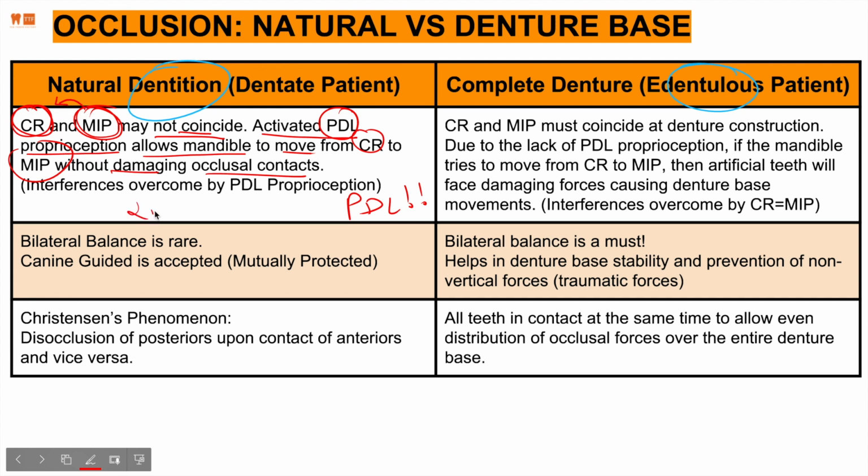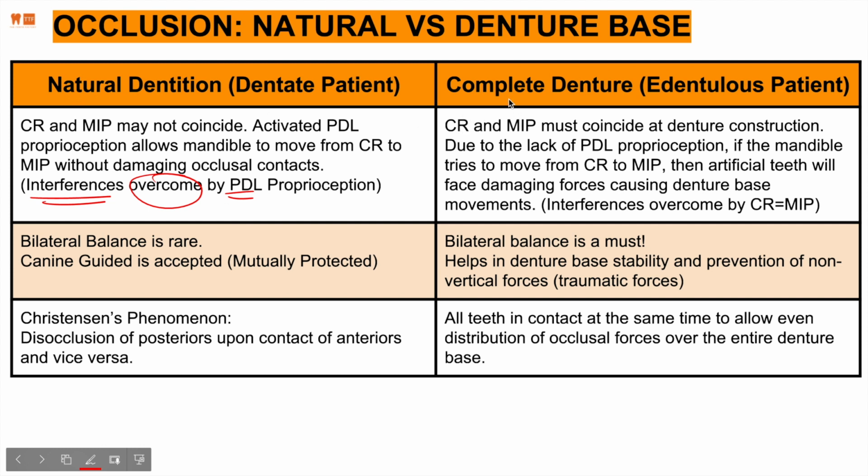It's about 2 millimeters, just for the reference. That 2 millimeter difference is controlled by a concept known as PDL proprioception, the ability of the PDL to direct those minute senses of the muscles. However, in normal dentures, those interferences are overcome by PDL proprioception. We can take care of the differences.